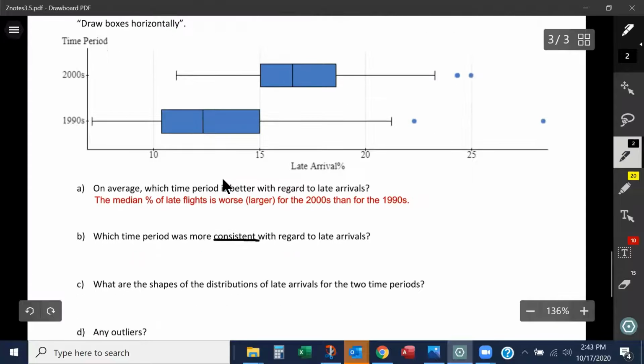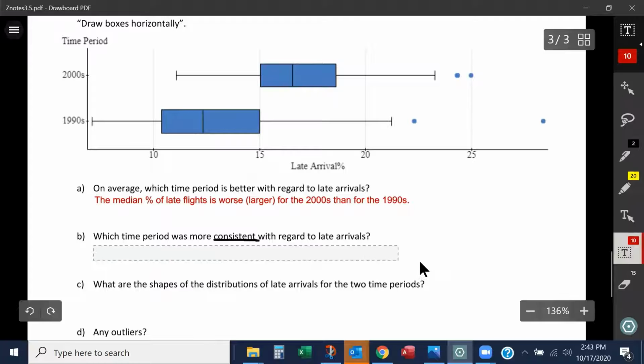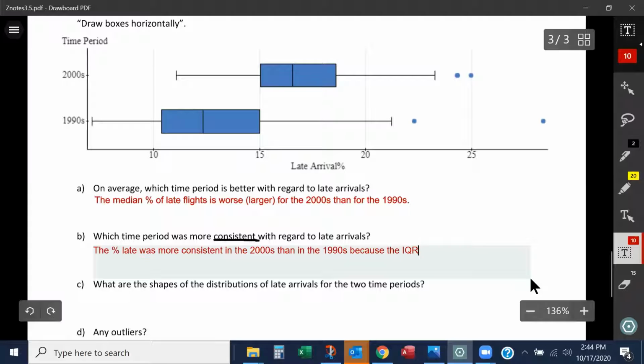So we would say that the percent of late flights is more consistent in the 2000s than in the 90s, because the IQR is smaller in the 2000s and the range is smaller in the 2000s.